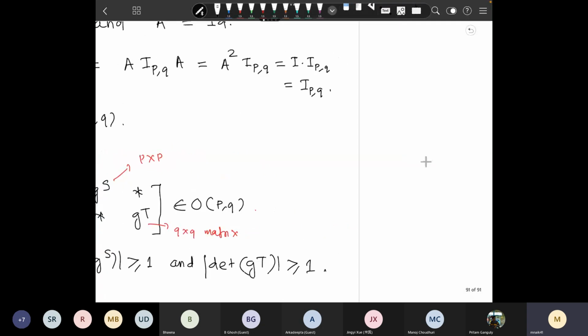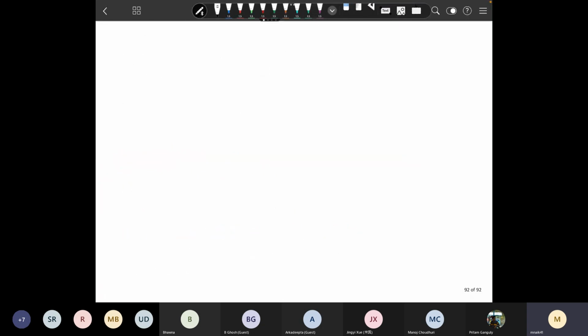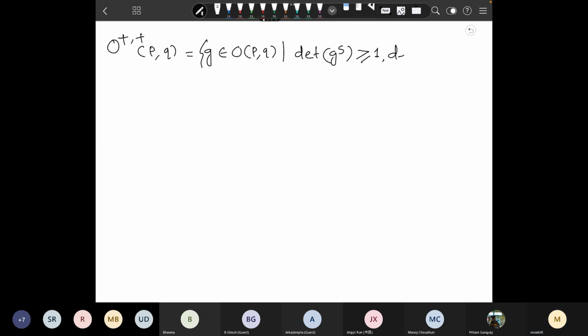So now I want to write 4 sets, and we will see that those 4 sets are precisely the components of O(p,q). O plus plus (p,q) is the set of g belonging to O(p,q) such that determinant of g_s is greater than or equal to 1 and determinant of g_tau is greater than or equal to 1.